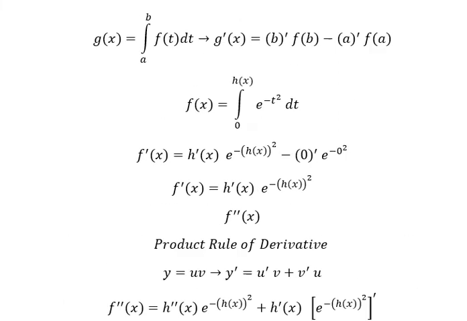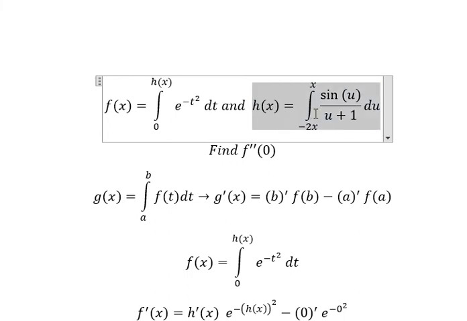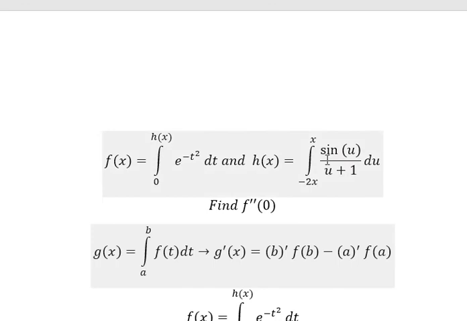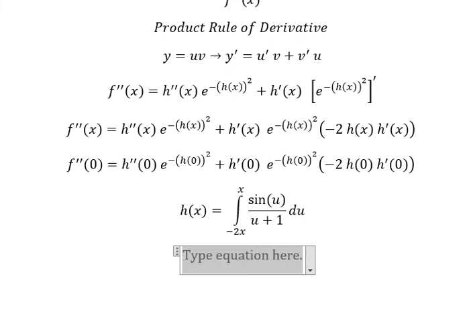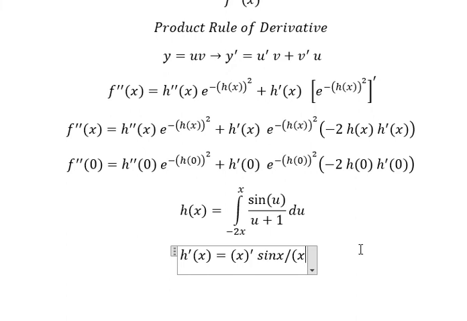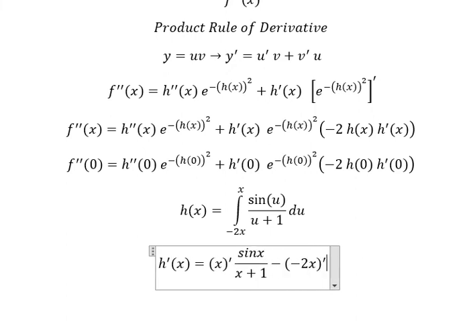Now we go to the function, that's h of s in here. If we take the first derivative of the function h, we take the first derivative of s, and the value of s will go in here, and we have sine of s over s plus 1 minus, we take the first derivative of negative 2s, and negative 2s will go in here.